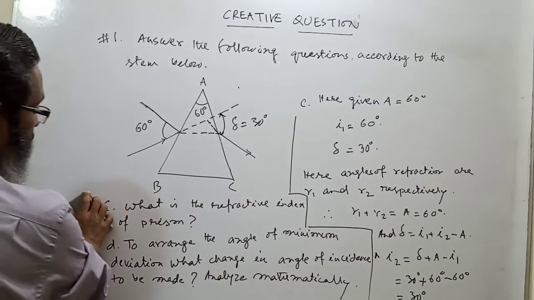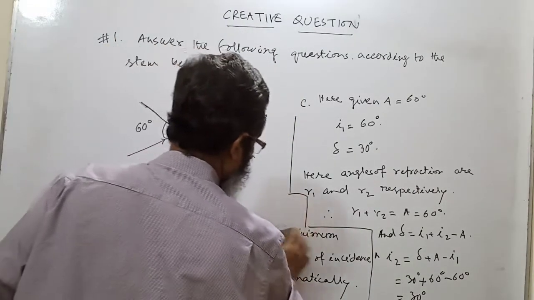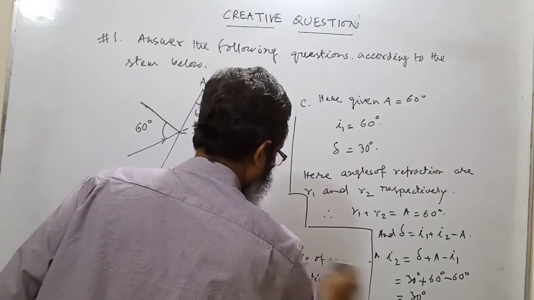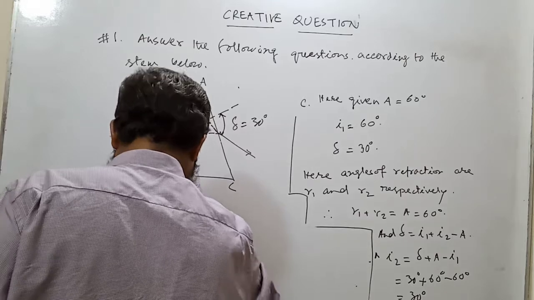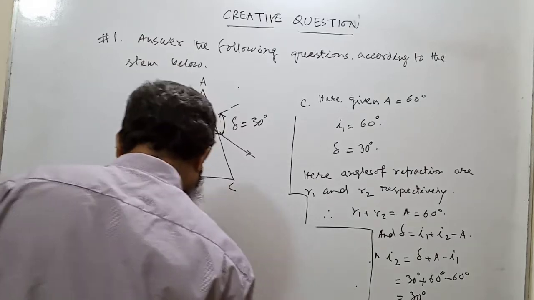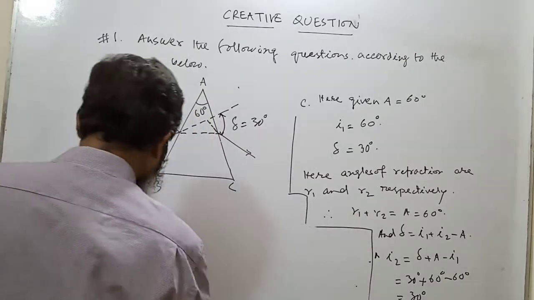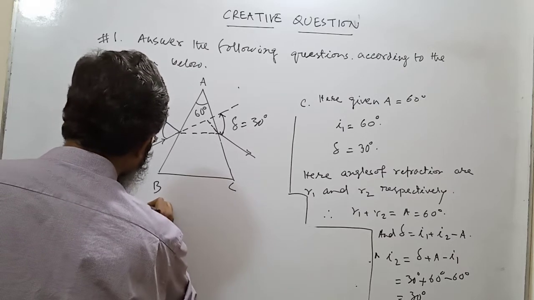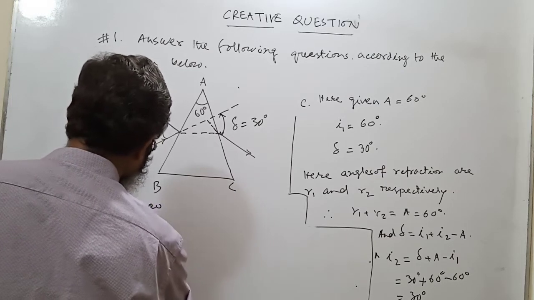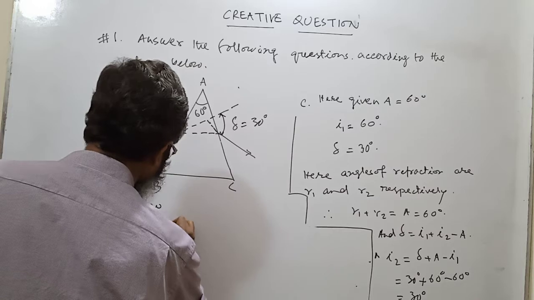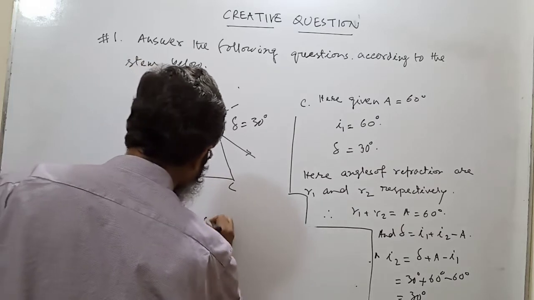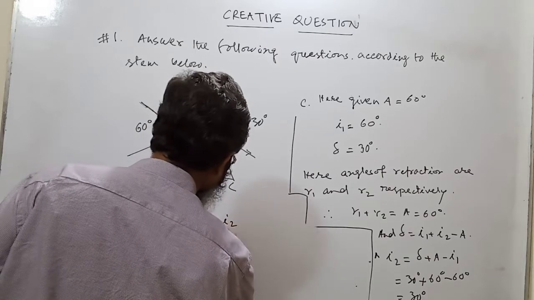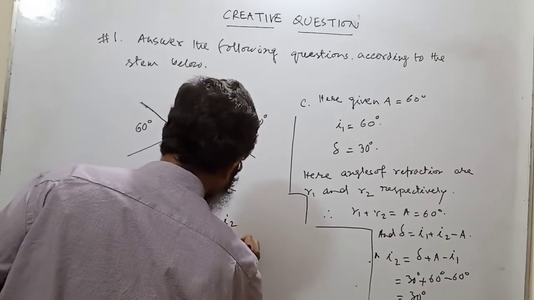I am rubbing this portion for solving the mathematical problem. The remaining portion, we know refractive index mu is equal to sin I1 by sin R1 is equal to sin I2 by sin R2.